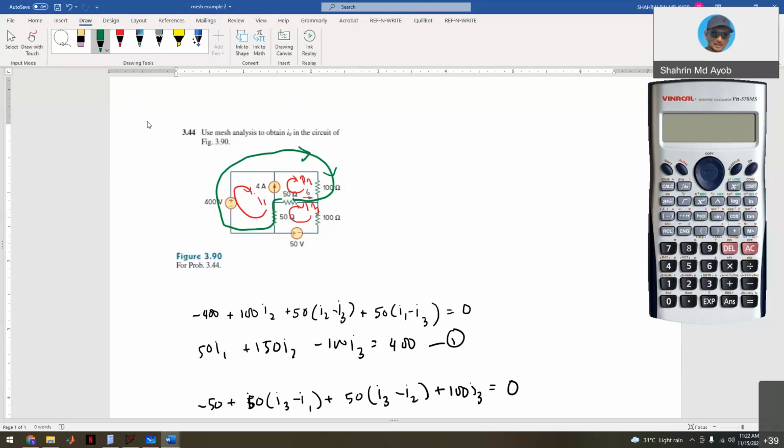Yes, you can do that, but it will be confusing because right now you have variables I1, I2, and I3, and then you create another one which is I naught. I naught is I2 minus I3.